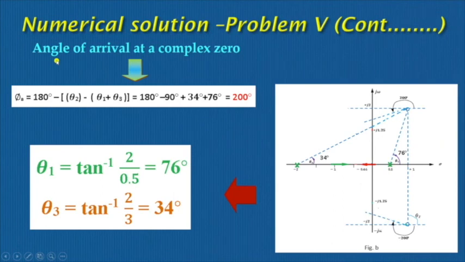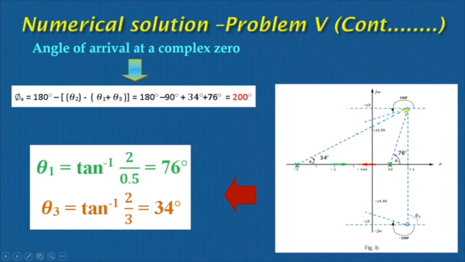Then find the angle of arrival at a complex zero. The angle of arrival is the angle at which the locus arrives at a zero. So phi A equal to 180 degrees minus the sum of angles of the vectors drawn to the test point from the other zero, minus the sum of angles of vectors drawn to it from the poles.